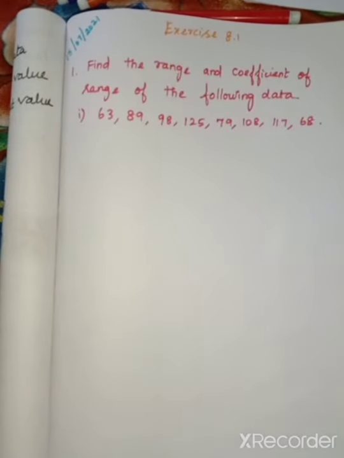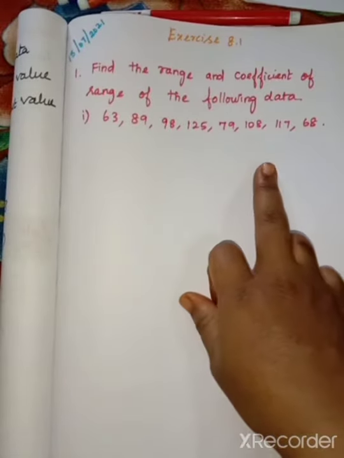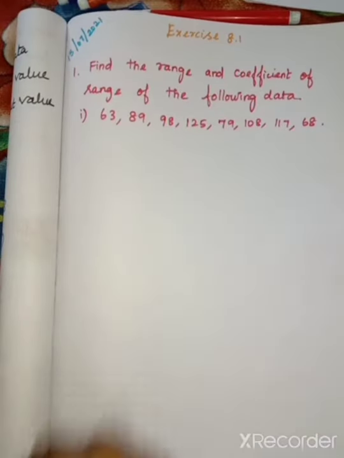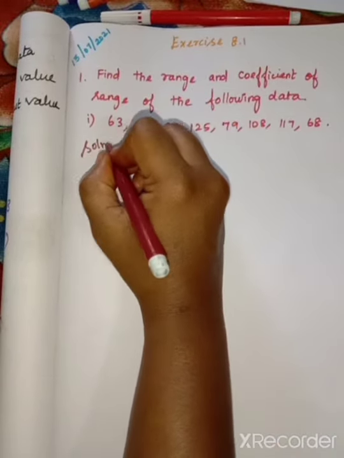Exercise 8.1, first question. Find the range and coefficient of range of the following data. First subdivision: 63, 89, 98, 125, 79, 108, 117, 68. First of all we want to find the range and coefficient of range.